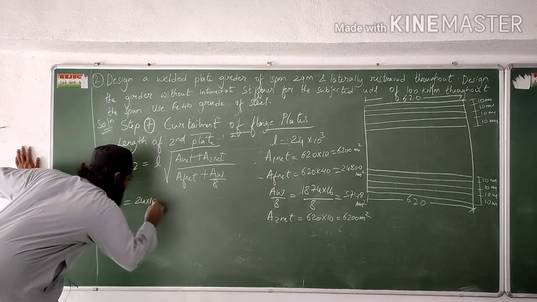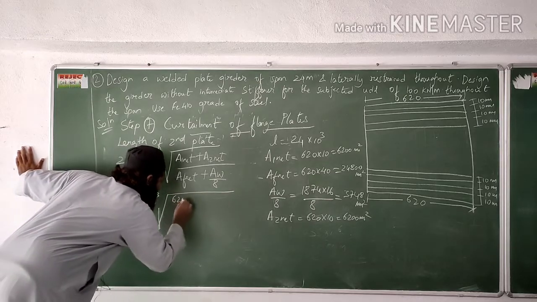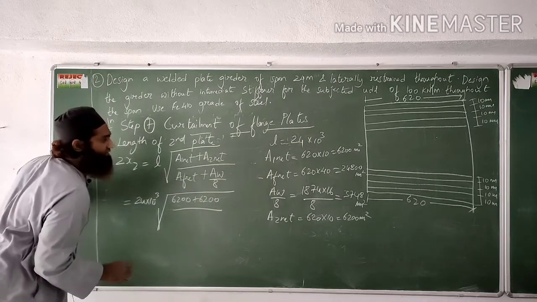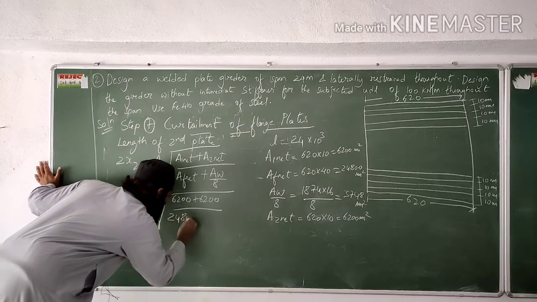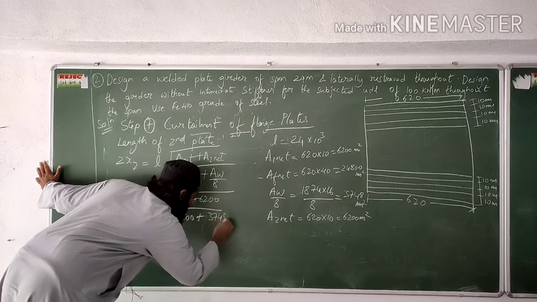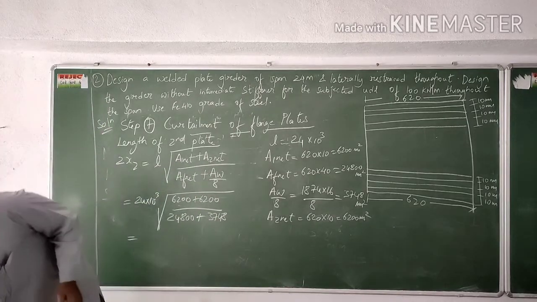24 into 10 cube. I have converted it to mm. So this is 6200 plus 6200 by AF net. You can see AF net 24800 plus 3748. Let us see this value.